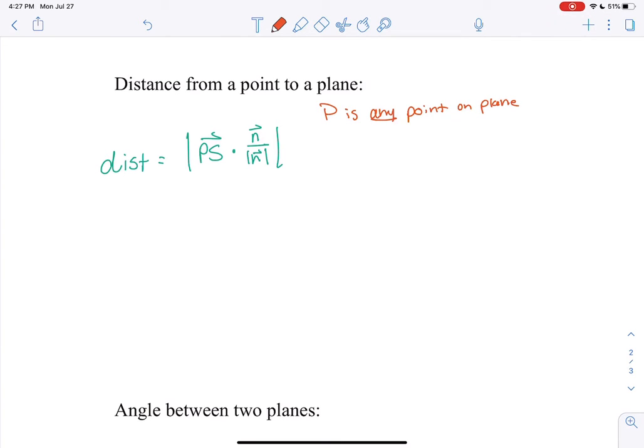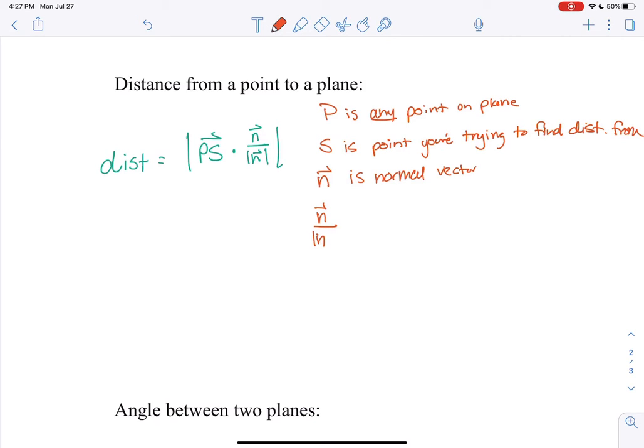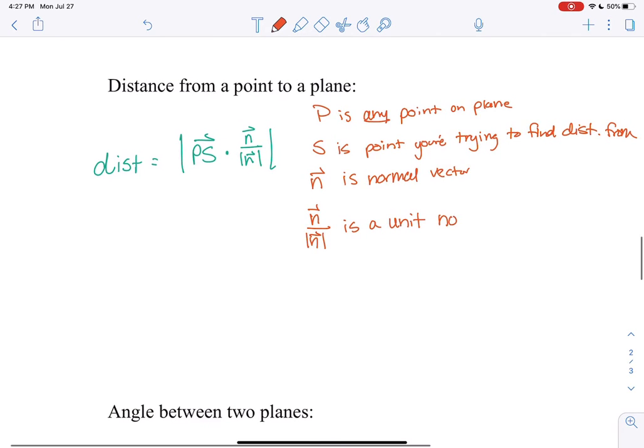S is the point you're trying to find the distance from. And N is the normal vector. And you should also recognize that this n divided by the magnitude of n is a unit normal vector. So it's a normal vector with length 1. So it's just been normalized.